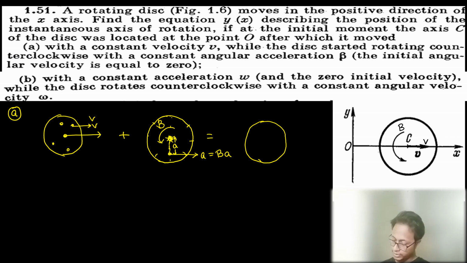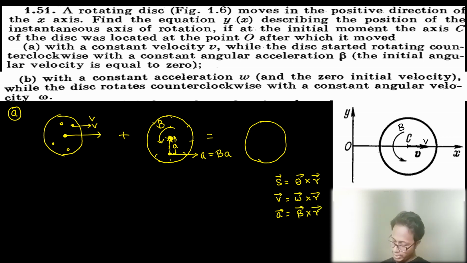There are three formulas. Displacement is equal to theta cross r, velocity is equal to omega cross r, and acceleration is equal to beta, or angular acceleration, cross r.